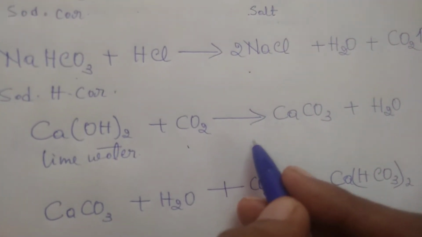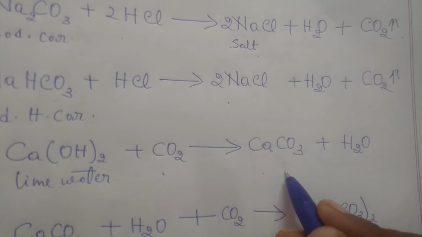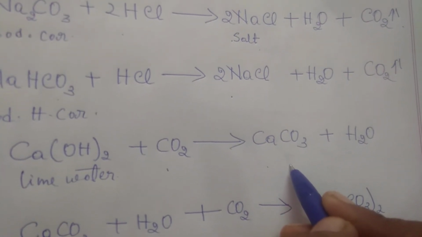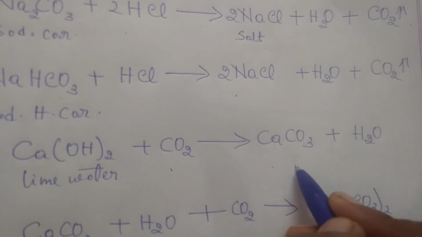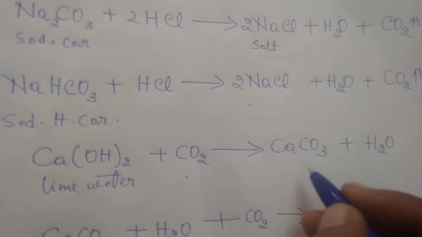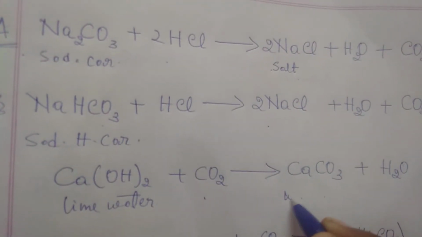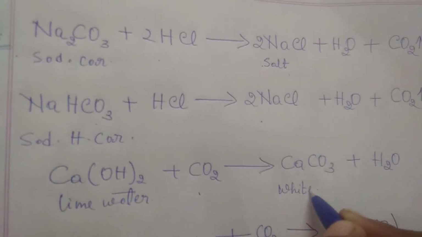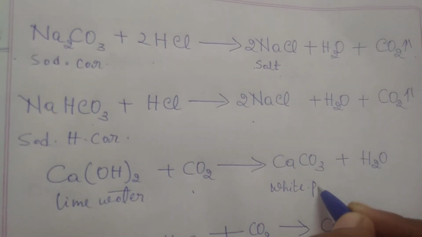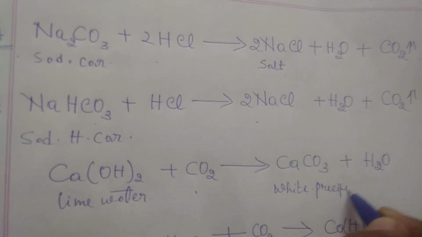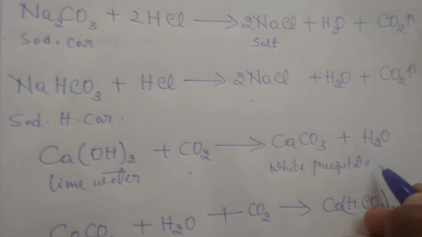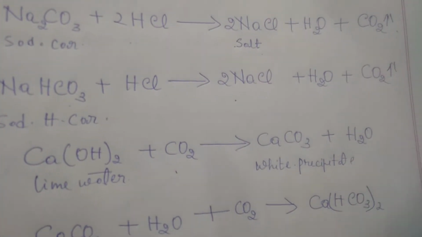As a result, calcium carbonate is produced, which is white in color, a white precipitate, making the solution turbid.